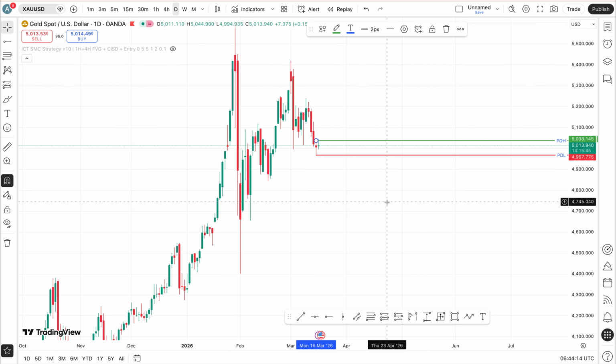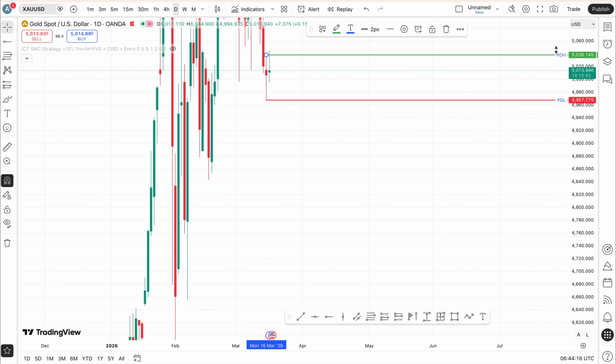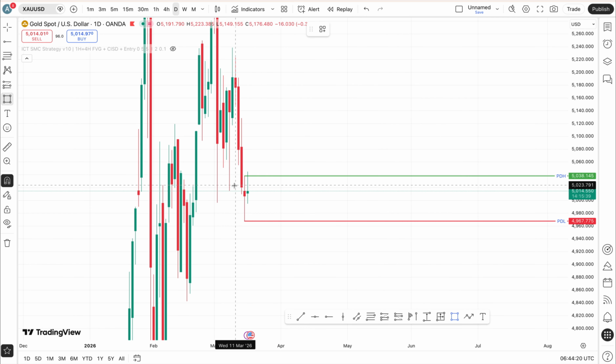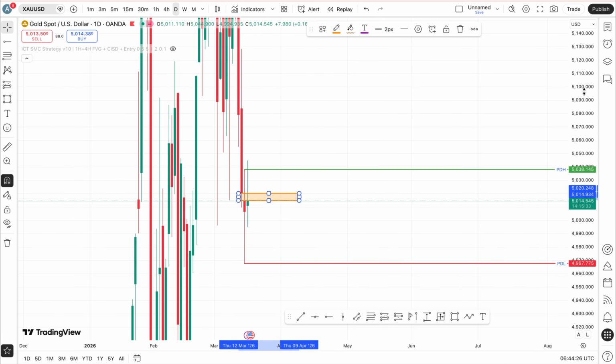So we now look at the daily time frame. You can see that yesterday's move left a void, a daily void. Since this was a sell side void, it can act as resistance and push the market down. So let us mark this as a daily void.